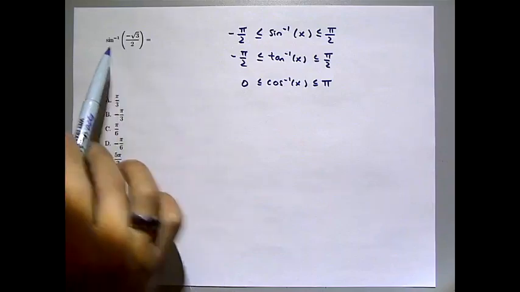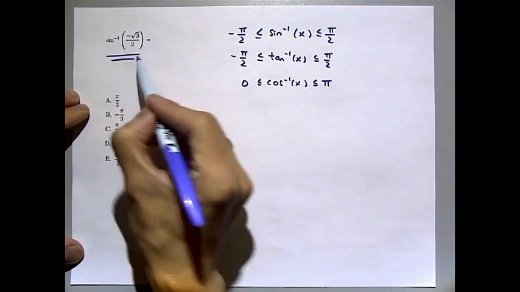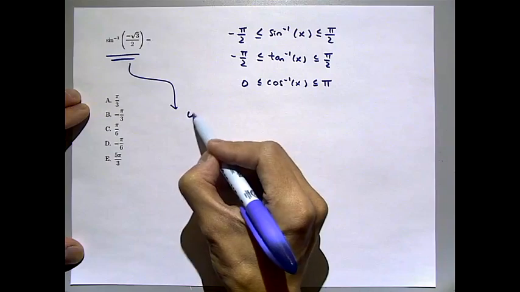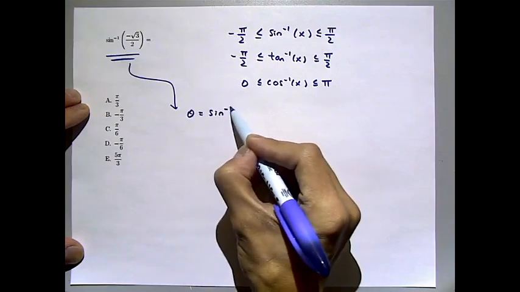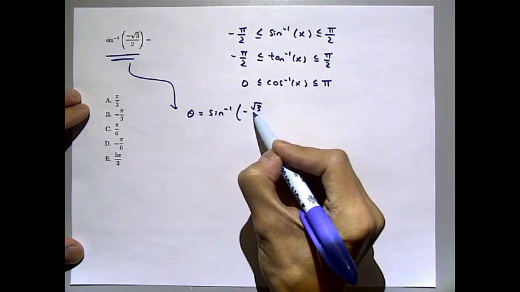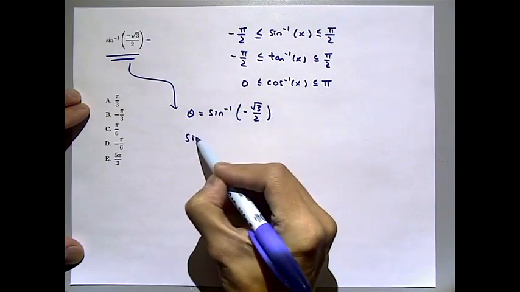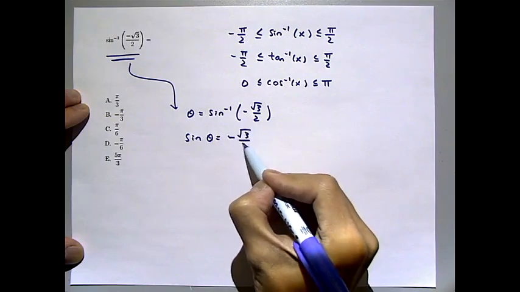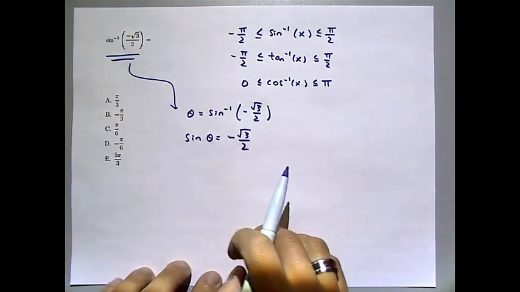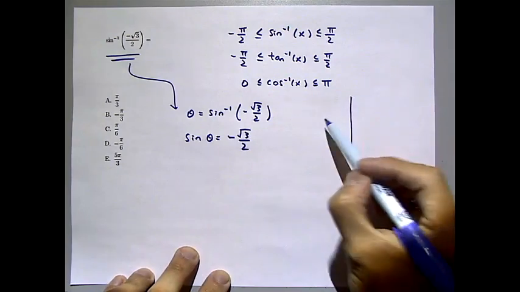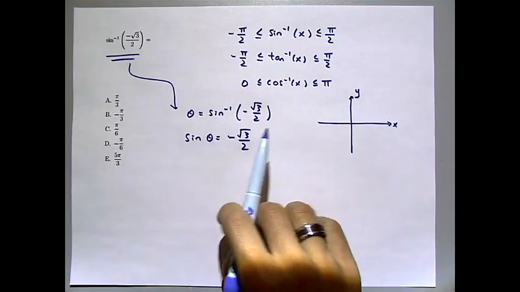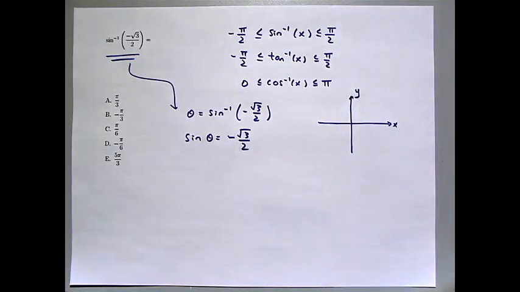Okay, so here, this is asking for some angle whose sine is equal to negative 3 pi over 2. We know sine is negative in 2 quadrants.